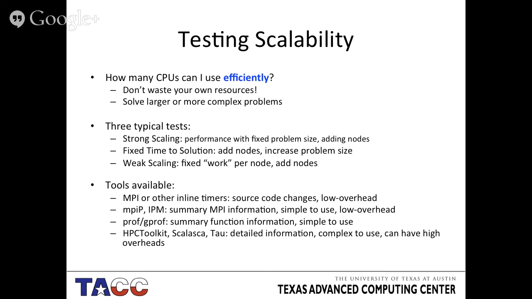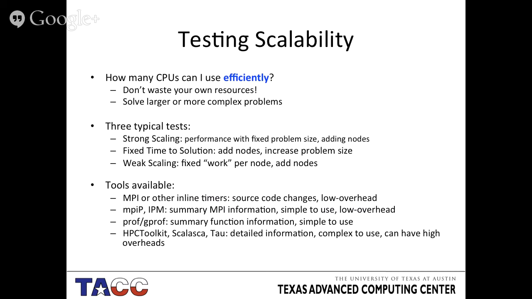Then you have things like prof or gprof, which even for MPI codes might be helpful because you could dump a profile per MPI task and you could see the different times spent on different functions. That will help you see if there's a significant workload imbalance between the different tasks.